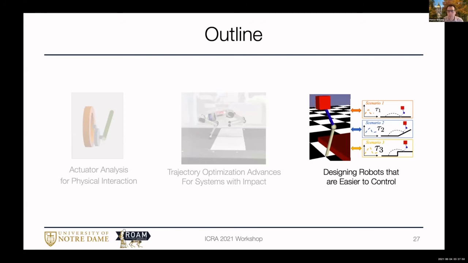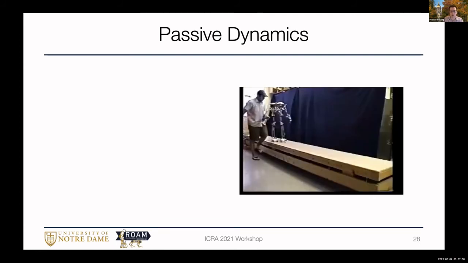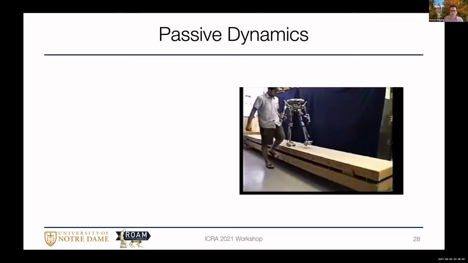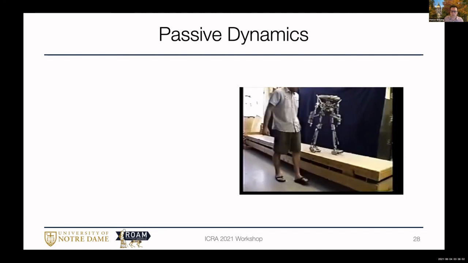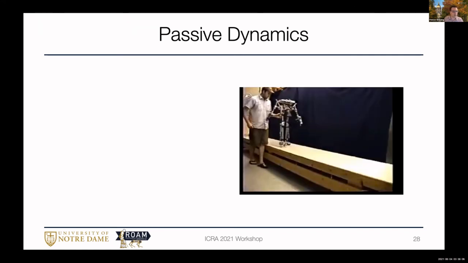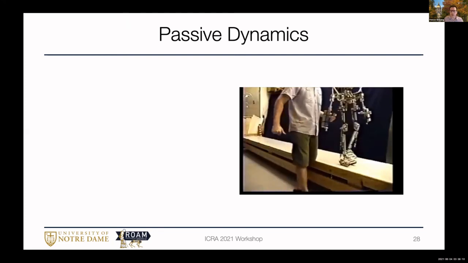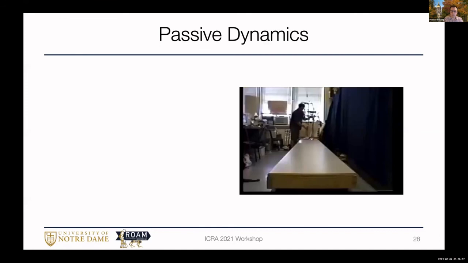And so to motivate it, I'd like to play this old video from Steve Collins, where he has this passive dynamic walker. And so here, through really phenomenal, meticulous engineering, he's engineered the passive dynamics of this machine quite carefully so that it can walk very efficiently.